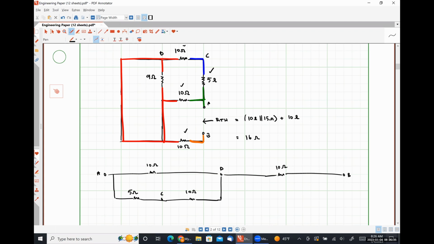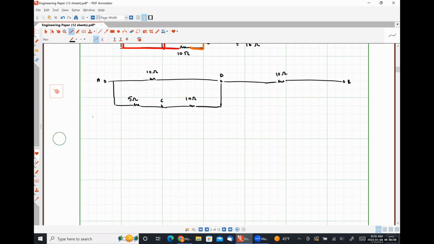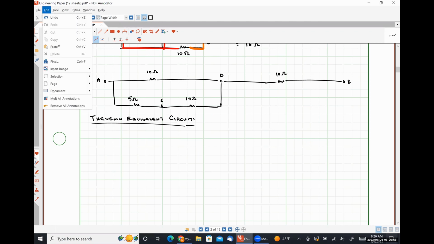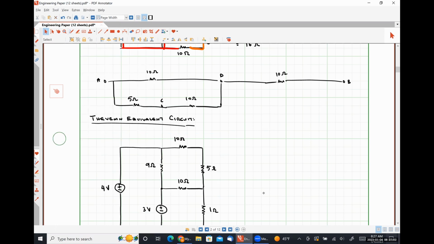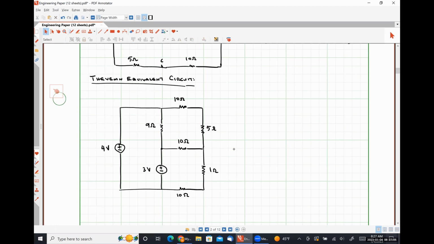All right, so let's tie things together. According to the work we've just done, our original circuit and this circuit are electrically equivalent.